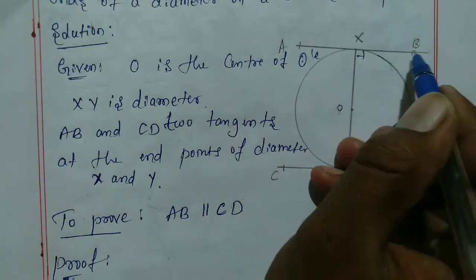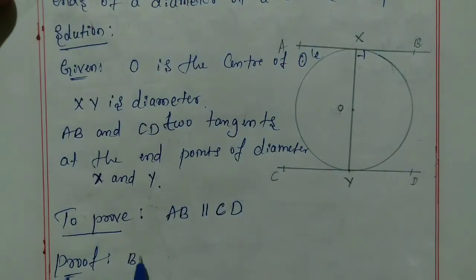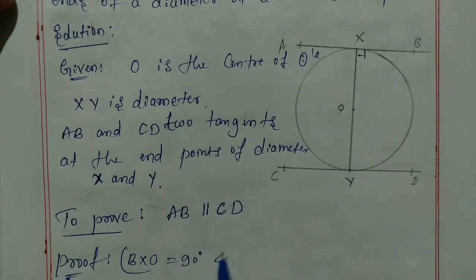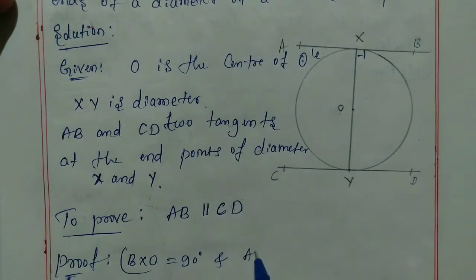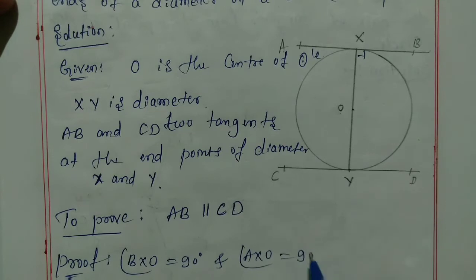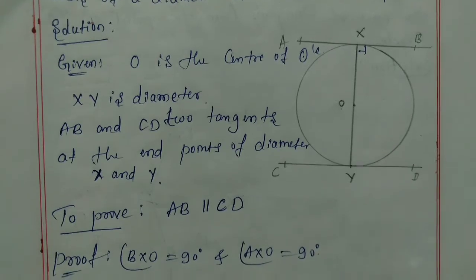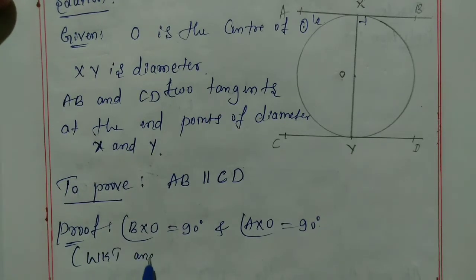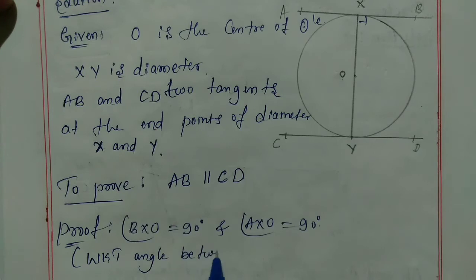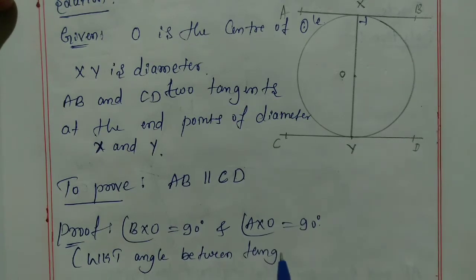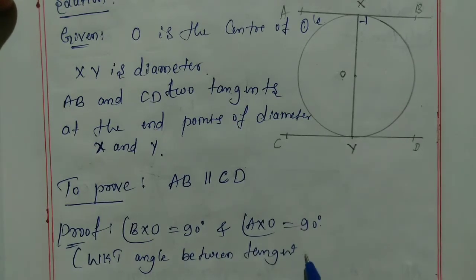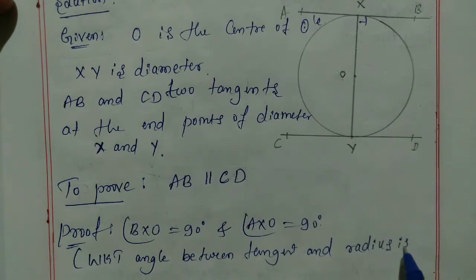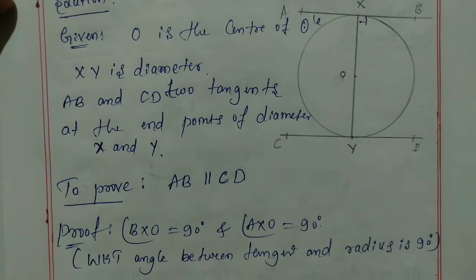So it means angle BXO is equal to 90 degrees, and also angle AXO is equal to 90 degrees, because we know that the angle between tangent and radius is 90 degrees.